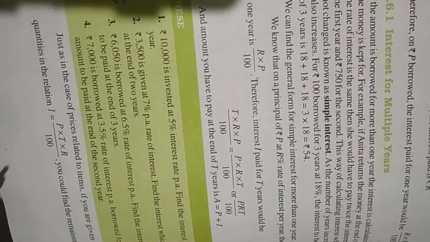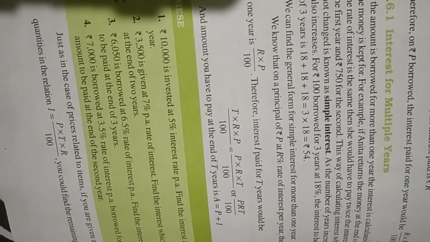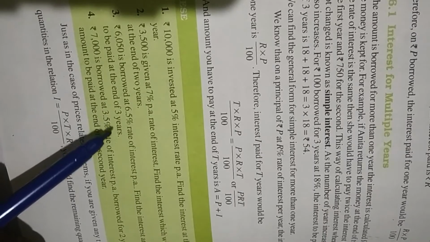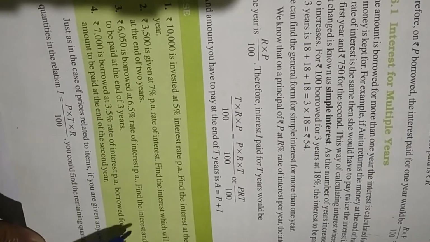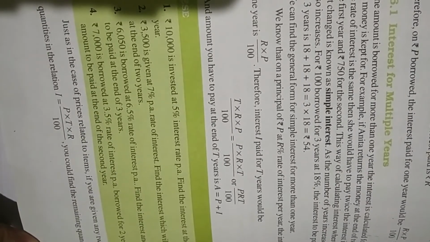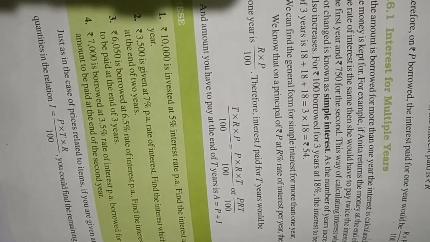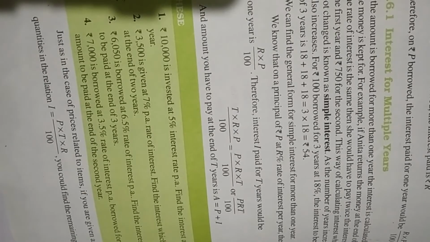Third question. Rupees 6,050 is borrowed at 6.5% rate of interest per annum. Find the interest and the amount to be paid at the end of 3 years. We have to find amount and interest.